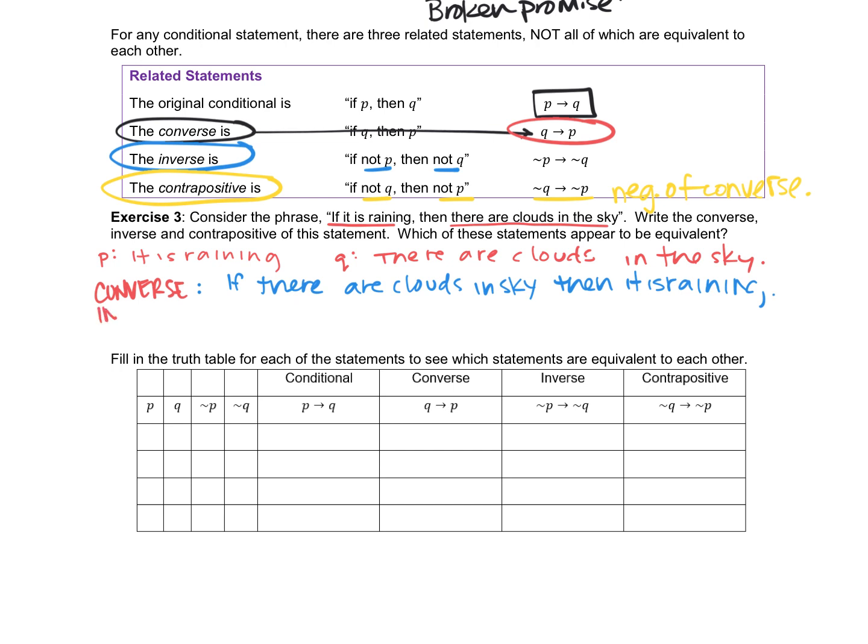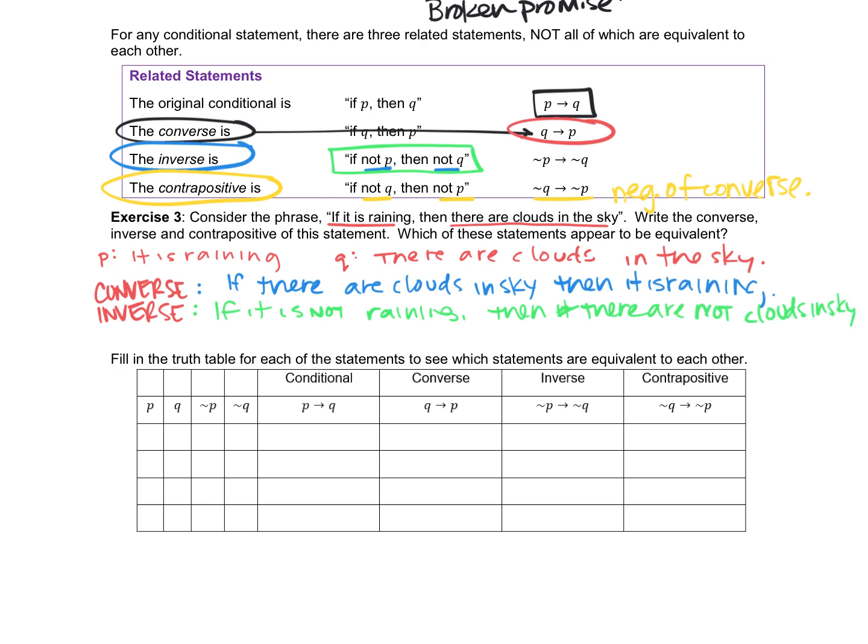For the inverse, we're going to say, again, that's the same as the original, but just negated. So we're going to say, if it is not raining, then there are not clouds in the sky.